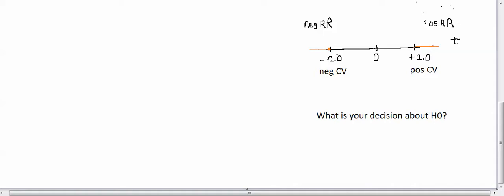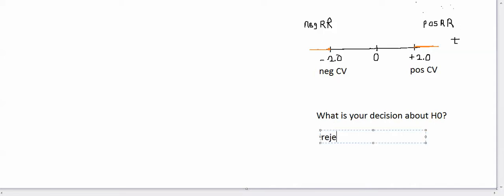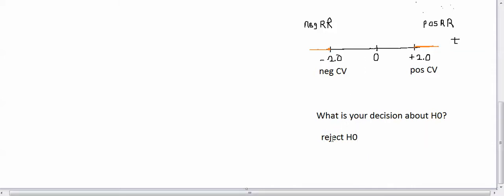If the t-score is in one of the rejection regions, the decision is to reject the null hypothesis, which basically means you're deciding that the null hypothesis is false and that the population means are not equal. So if the t-score falls in one of the rejection regions, you reject the null hypothesis.